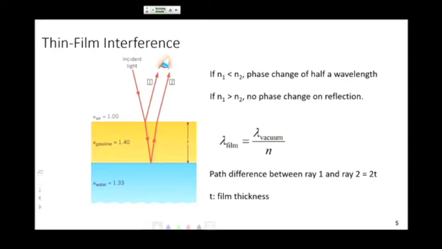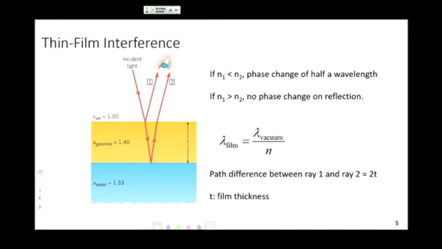So I'm making the approximation that the distance it travels in both cases is the thickness of the film. Remember, what counts is the path length difference, and that's twice the thickness. So the first thing to realize is that the path length difference between ray 1 and ray 2 is twice the thickness of the film.